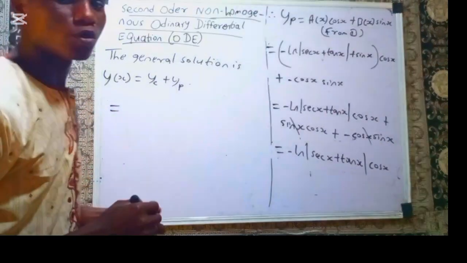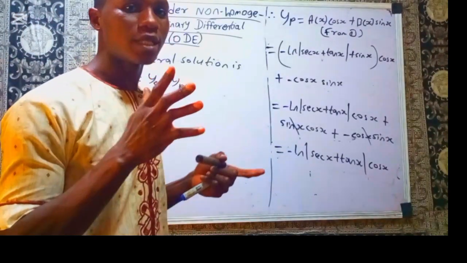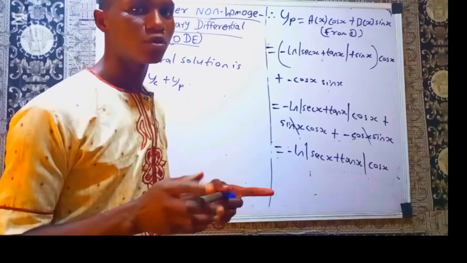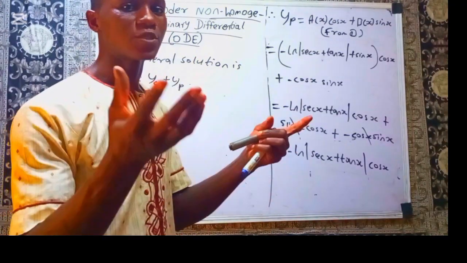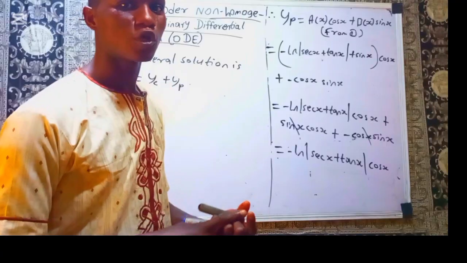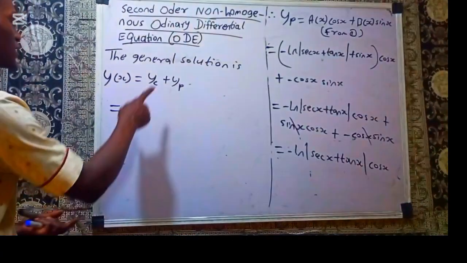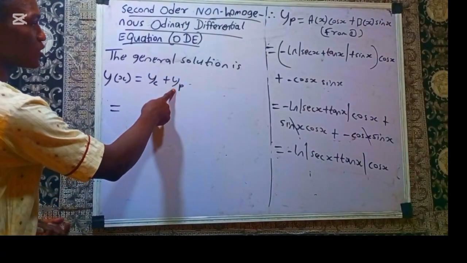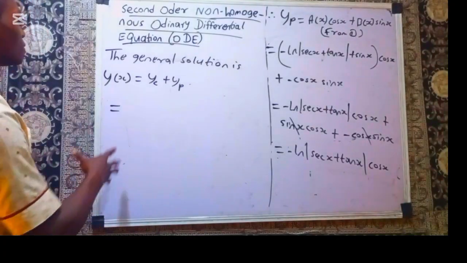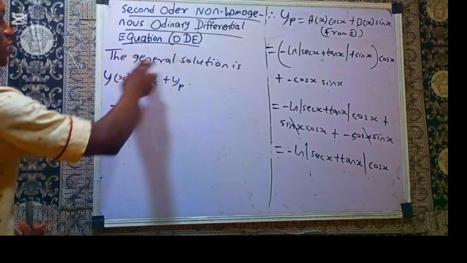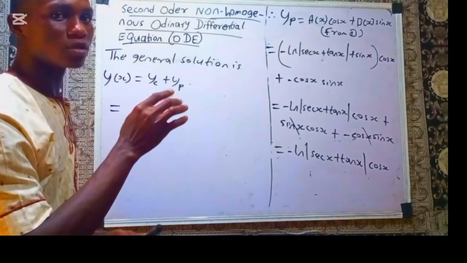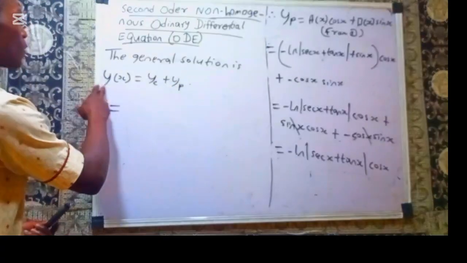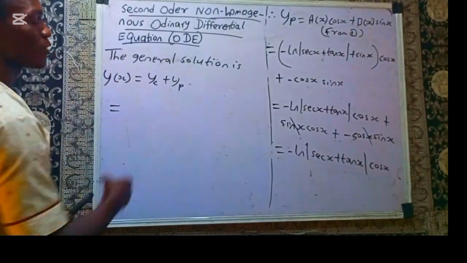When you are solving a non-homogeneous second order ODE, you have to get your complementary solution and your particular solution. The general solution is your complementary solution plus your particular solution, that's y sub c plus y sub p. So the general solution to that non-homogeneous ordinary differential equation is y of x equals y sub c plus y sub p.